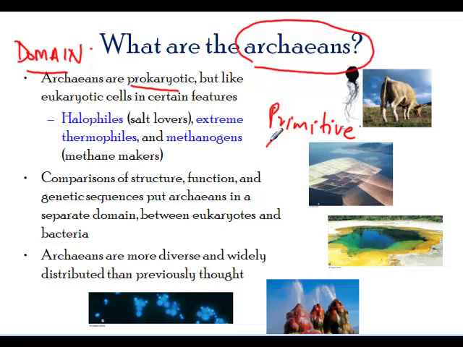They are the cells that were present when we had extreme conditions. For example, in the earlier environment, we had lots of salt, heavy salt conditions, very high temperature. Thermophiles are high temperatures, and methanogens are those that make methane because there was no oxygen at that time.